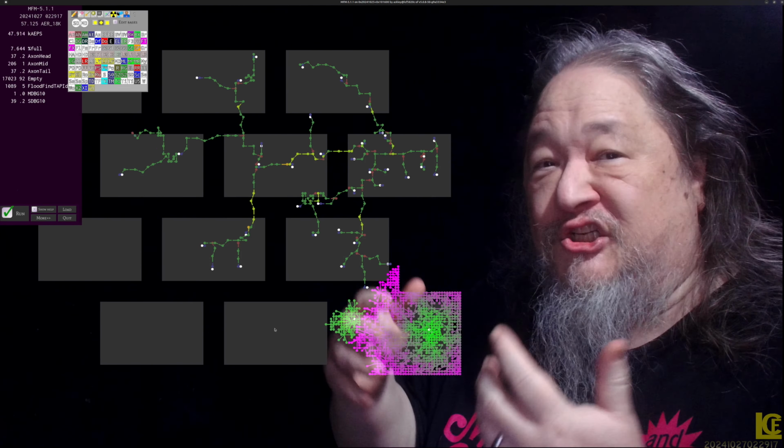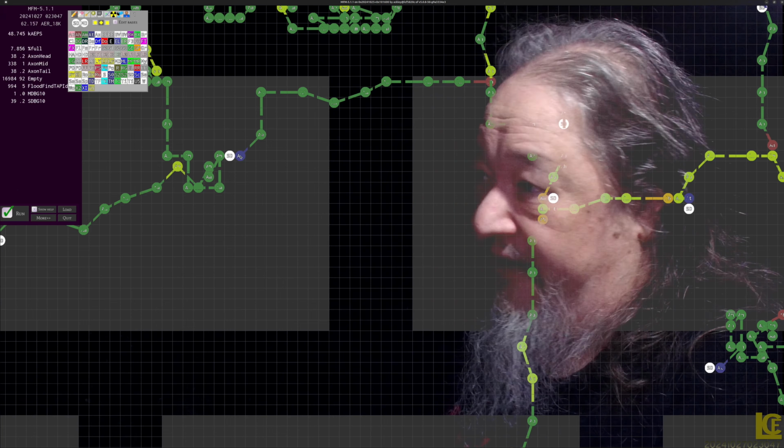It could easily see the tail over here, but it didn't hook up because it's not allowed to hook up. It has to hook up with a mid, not a tail or a head.